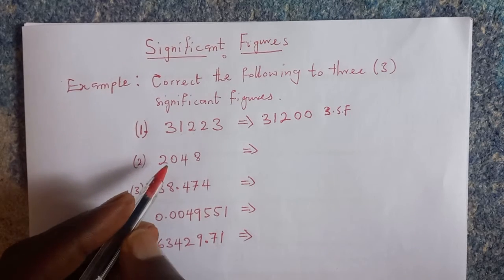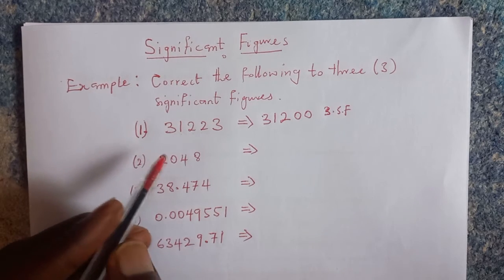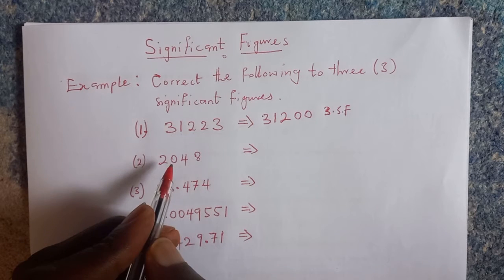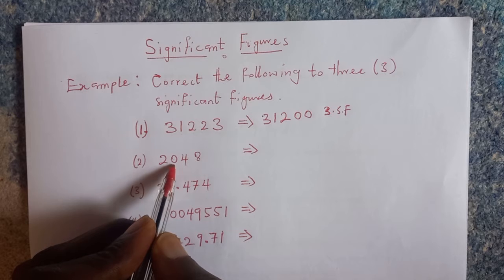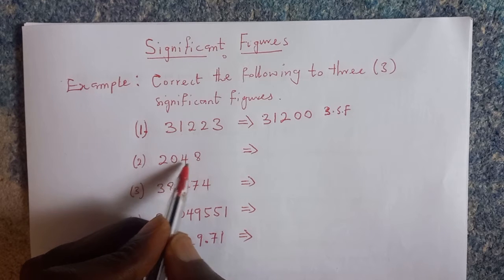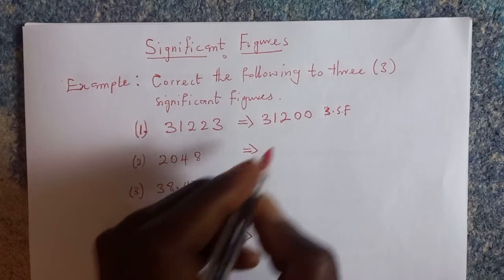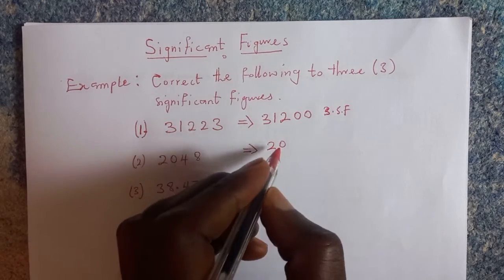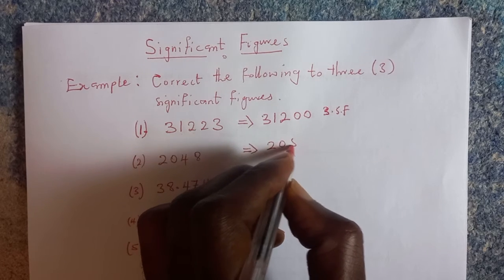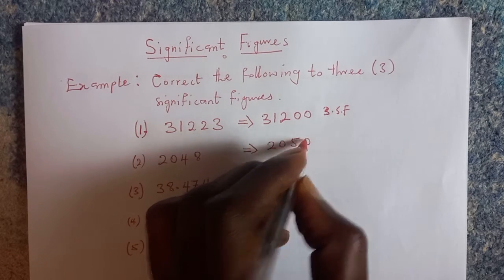Now, with the second example, the same idea applies. So our first significant value, second, third, and fourth, but we'll end on the third one. So this becomes 2, 0, 5, 0.